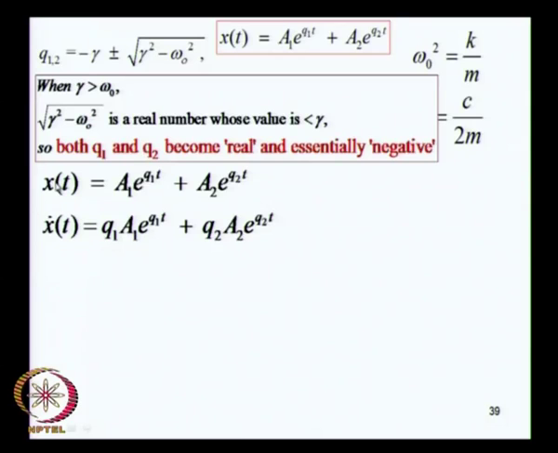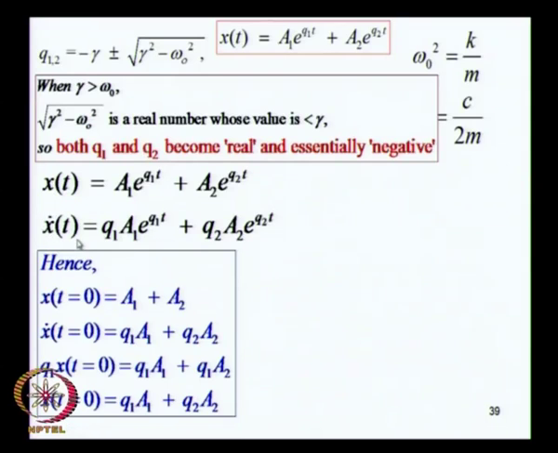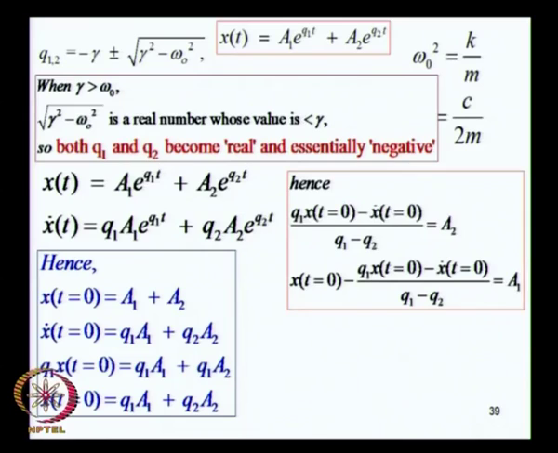You have the position, you have the velocity. If you take the initial condition for position, you get a1 plus a2, and if you take the initial condition for velocity, you get q1 a1 plus q2 a2. From this you have two equations and two unknowns, a1 and a2. You can solve them algebraically and get the two unknowns, and you have your complete solution.